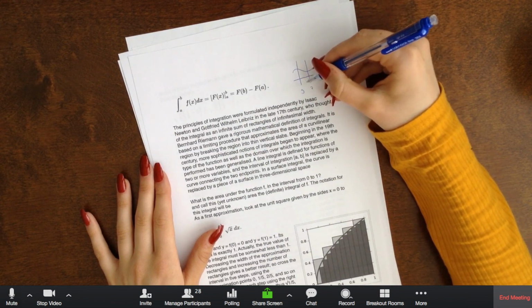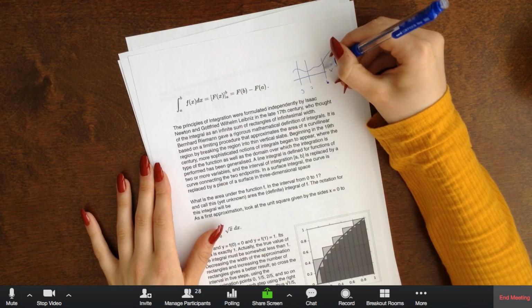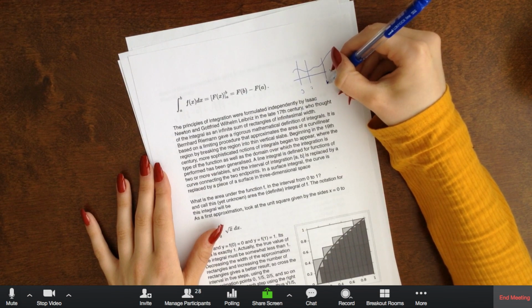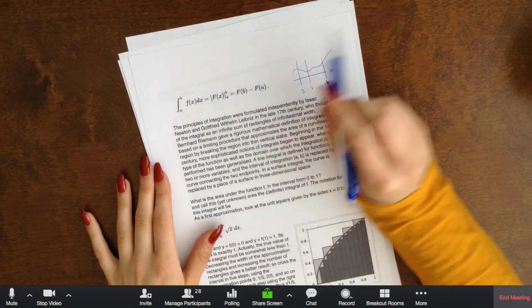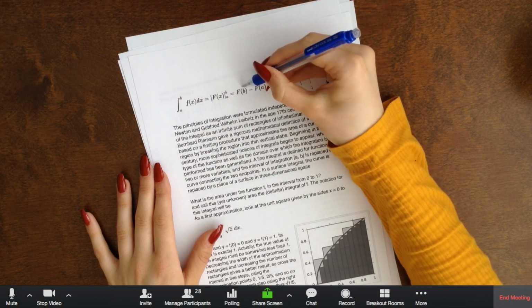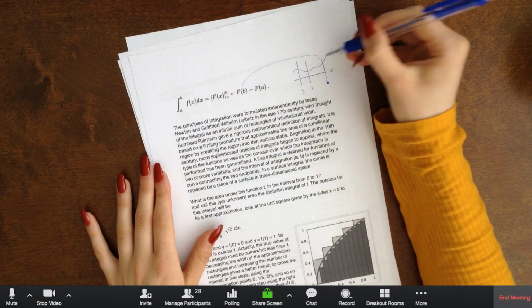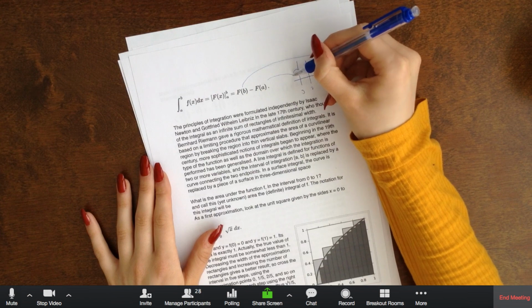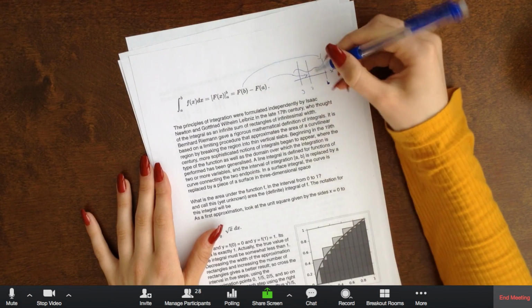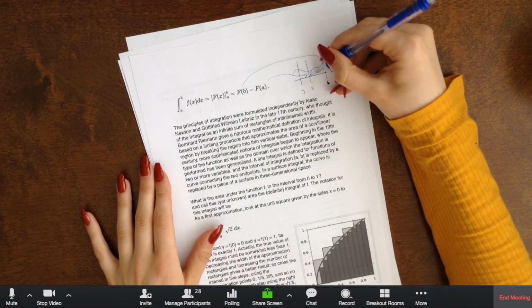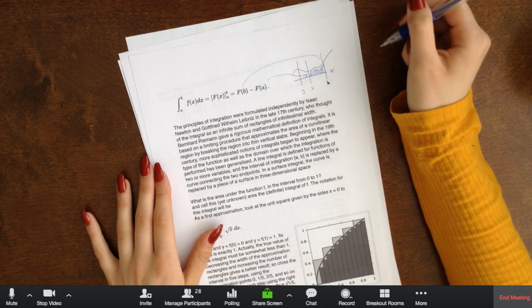So here we have b, so this is right here and right there, and that will give us the integral right here. Okay.